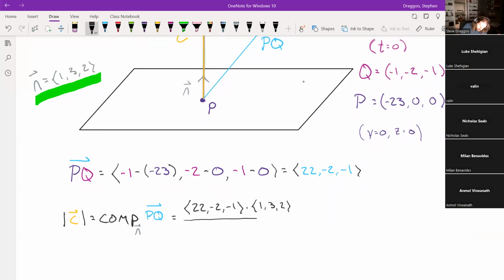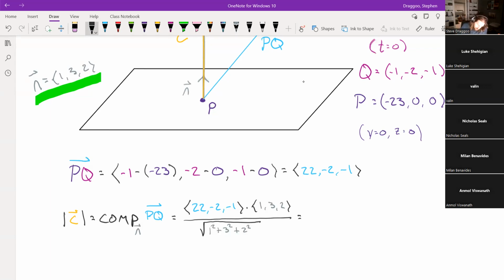And to get the component, I just need to divide away the magnitude of that normal vector. 1 squared plus 3 squared plus 2 squared. Highlight where all that stuff's coming from. That's our blue vector. This one's our gray vector. And calculate a number here.